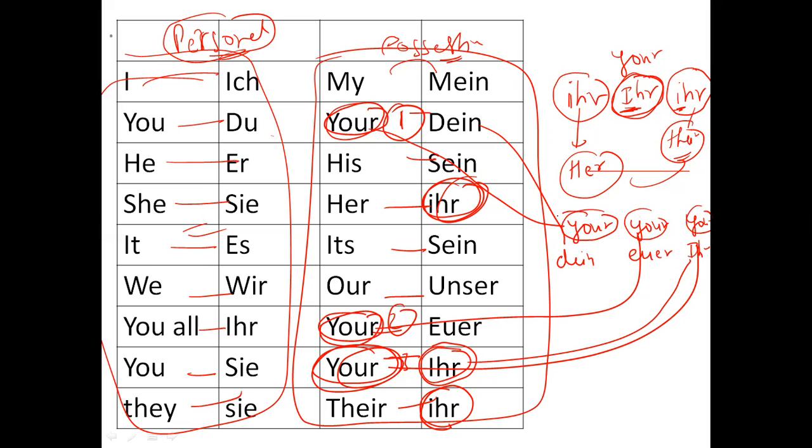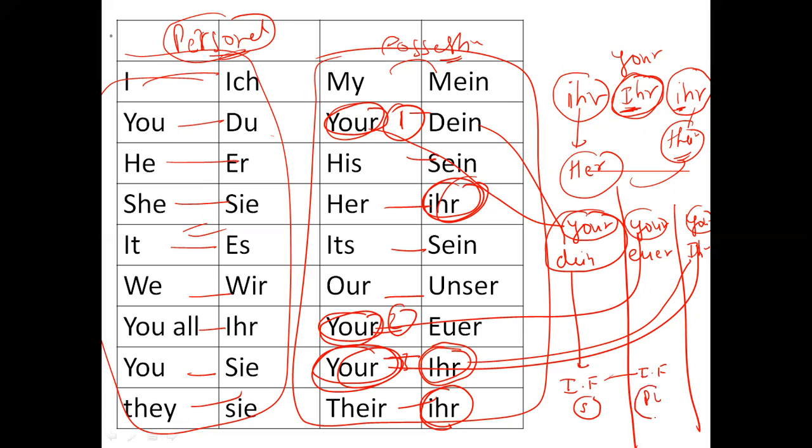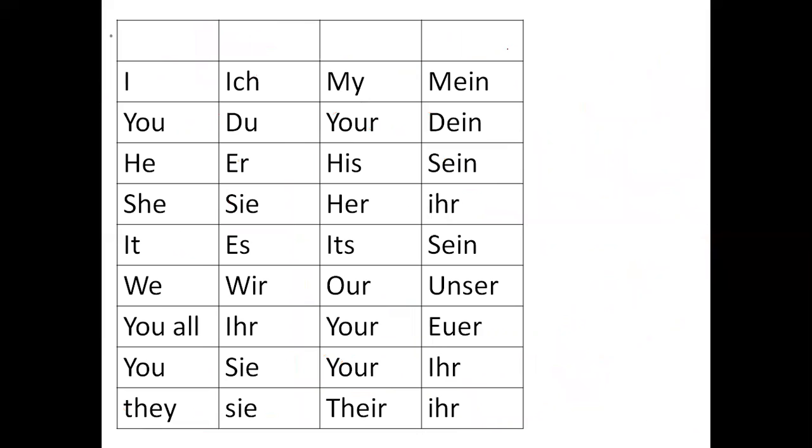The difference is this first your is informal but singular. The second your is again informal but plural. This third your will be formal, singular and plural both, right? So let me make a table here.